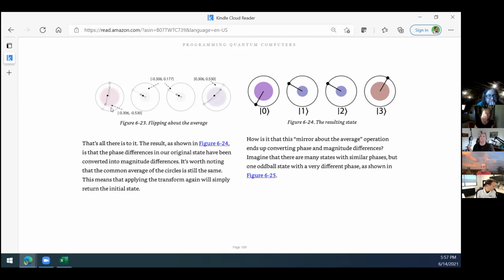It's just a graphical straight-through intuition. The math was the part that specified which is the mirror point. Sorry, 0.306 and 0.053 is not the mirror point. The mirror point is whatever it came back in the previous page.